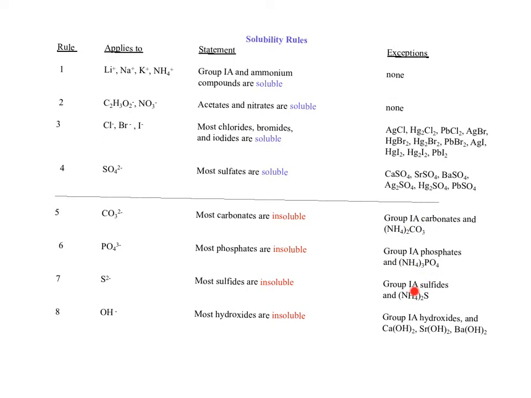So these guys, the carbonates, phosphates, and sulfides are going to be soluble. With the hydroxides, group 1A hydroxide, so that's the same. They don't have the ammonium in here, but they should put it in because it is true. Ammonium hydroxide is going to be soluble. But then they add calcium, strontium, and barium hydroxides to the list of compounds that are going to be soluble.